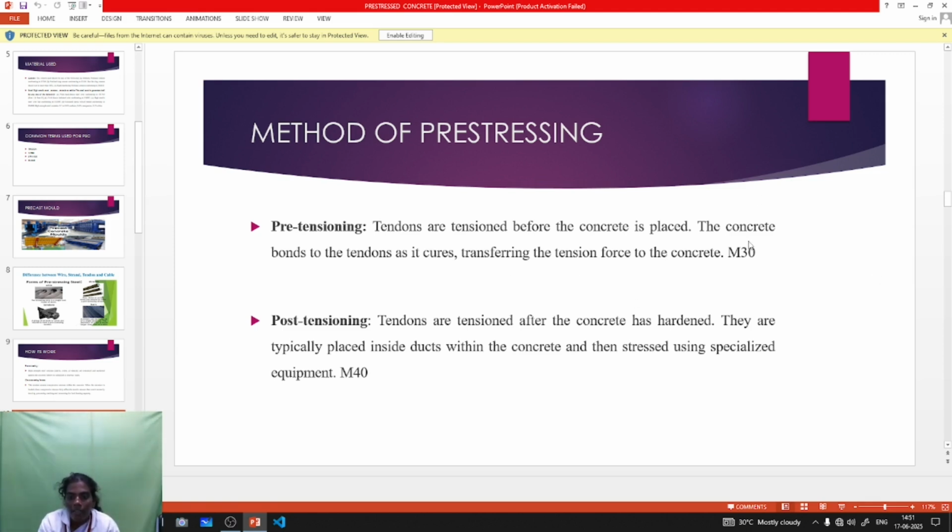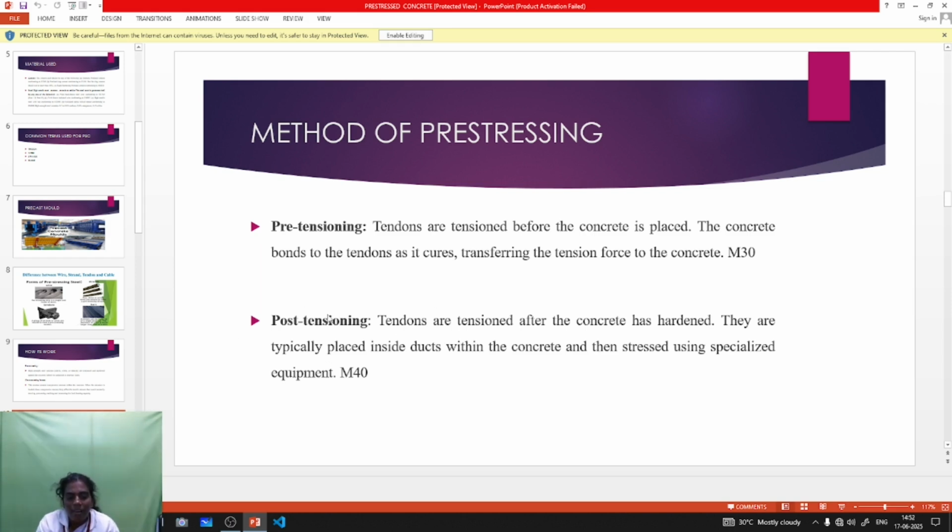So the concrete has compression, some amount of tension, and the steel has tension. When the tension is released, it is transferred to the concrete, so the forces counteract. Pre-tensioning is a very important method, widely used nowadays. The minimum grade of concrete for pre-tensioning is M40. Post-tensioning is M30.